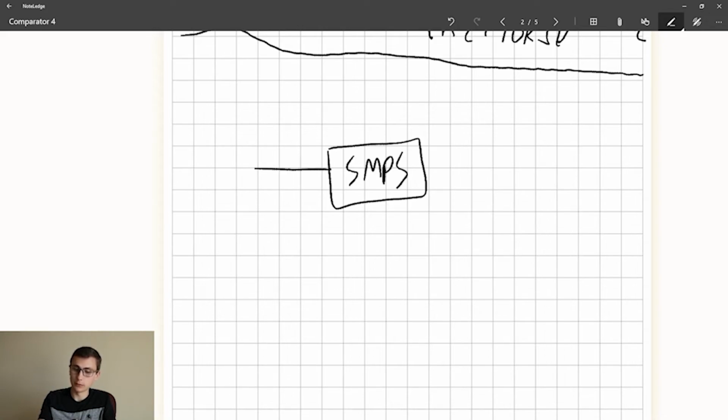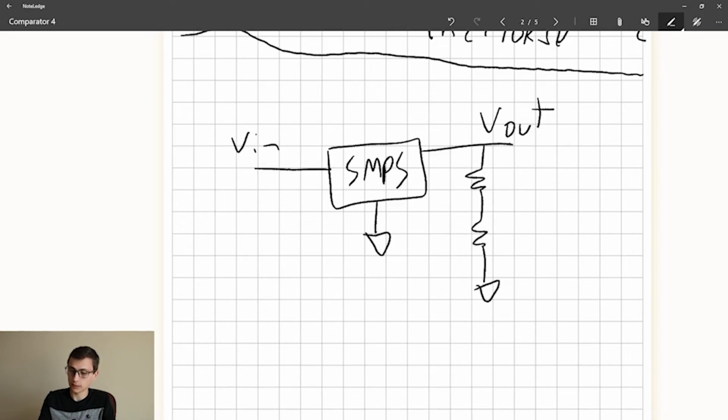You've got your input voltage, you've got your output voltage, and with some of these modules, they are pretty much like this, except for an external feedback network. And let's say you wanted to add a little trim pot. Something like that. So you'd have a little adjustment, a little dither.